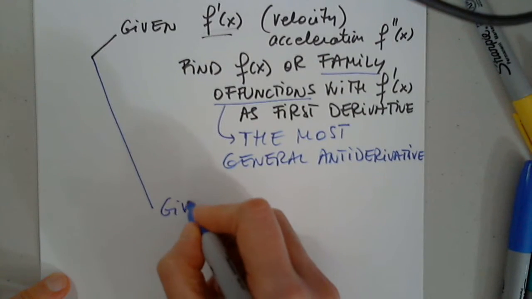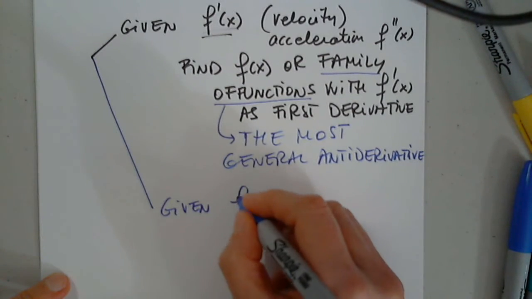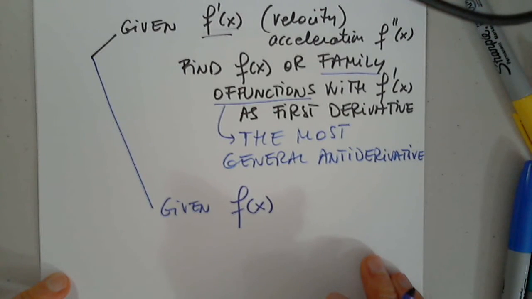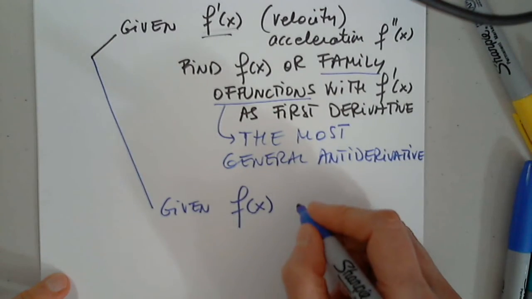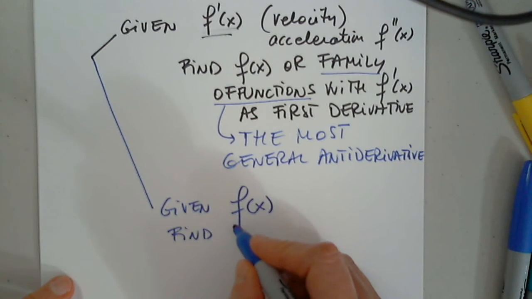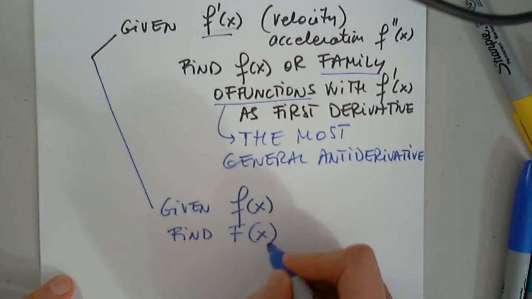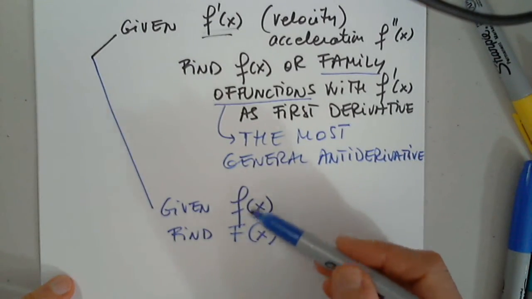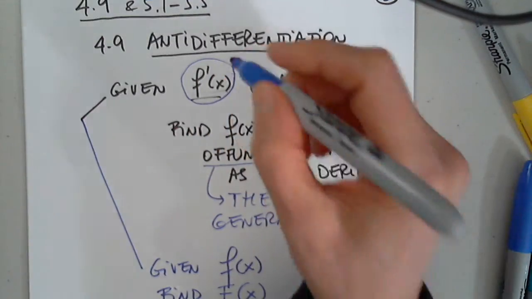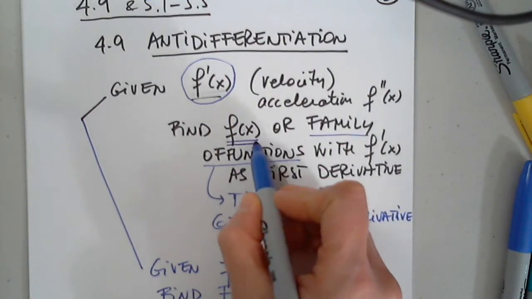I could be given a function, and I could be asked, find uppercase F of x. And you can say, what's the difference? Well, when I'm given the derivative, I have to use the notation lowercase f of x.